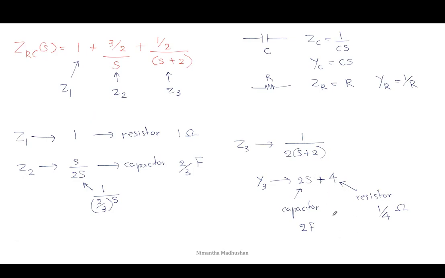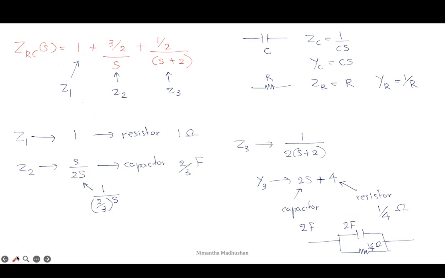That means these two elements are connected in parallel: the capacitor and the resistor, a 2 farad capacitor and a 1 over 4 ohm resistor. Then the total impedance is connected in series. Z1 is connected with Z2 in series, and Z3 is also connected in series because of this plus mark.